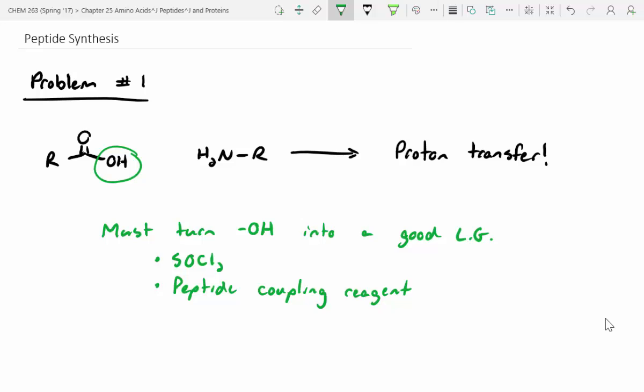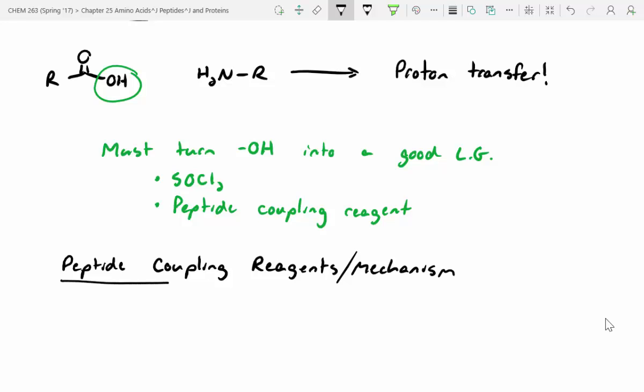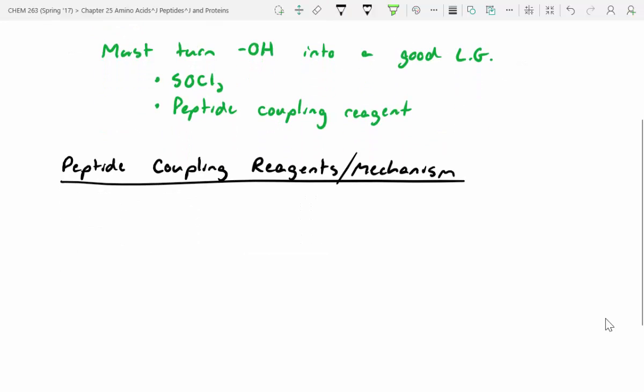So let's take a look at peptide coupling reagents. The first one I'm going to show you involves a peptide coupling reagent called DCC, or dicyclohexylcarbodiimide. It's a mouthful.